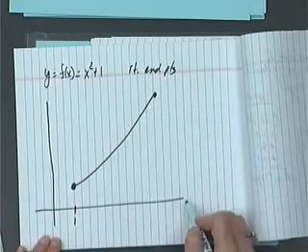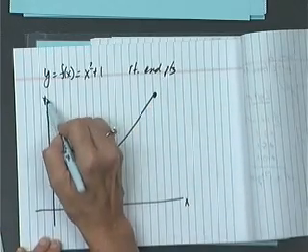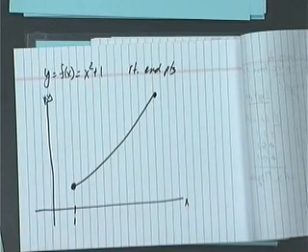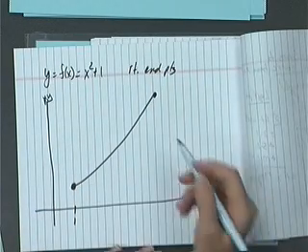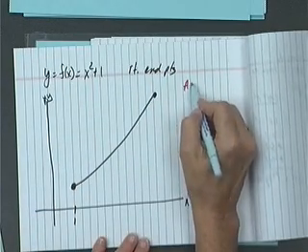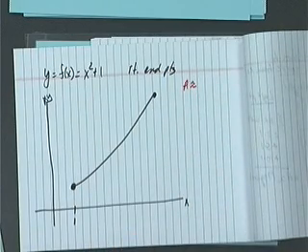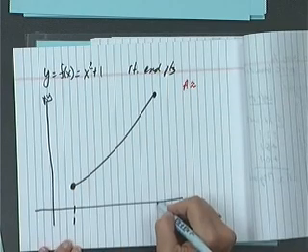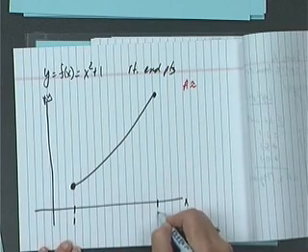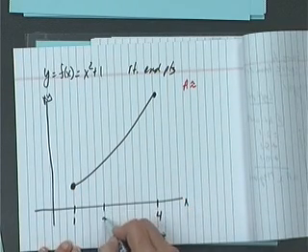We're going to approximate that area, and this is using Riemann sums, and we're going to continue to use n equals 3.